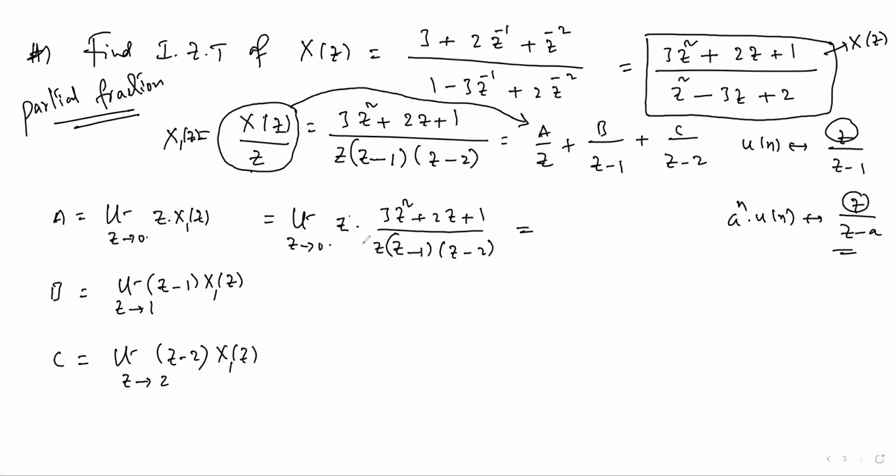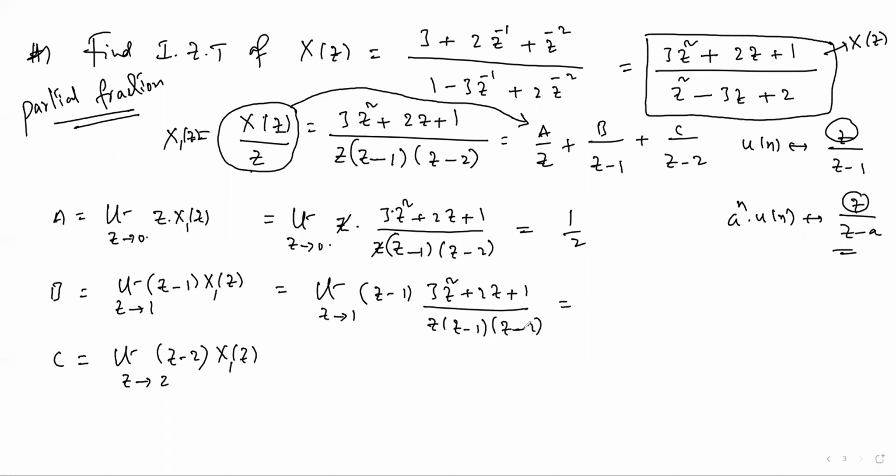Then z gets cancelled. z tending to 0 means here 0, here 0, so 1 divided by minus 1 into minus 2, or 1 divided by 2. Similarly, limit z tending to 1 of z minus 1 times (3z square plus 2z plus 1) divided by z into z minus 1 into z minus 2. z minus 1 cancels.